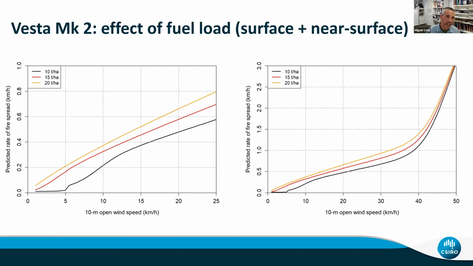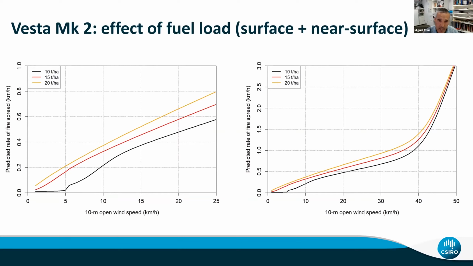So again, that effect of fuel is going to be dependent on the fuel load. It's not just a straight multiplication. The fuel effect depends on where you are in the fuel load or fuel structure spectrum, let's say.